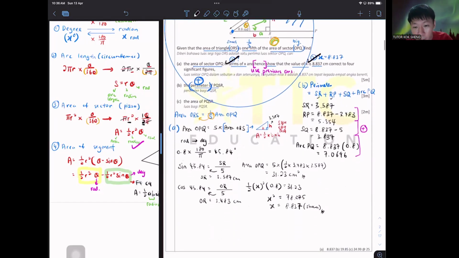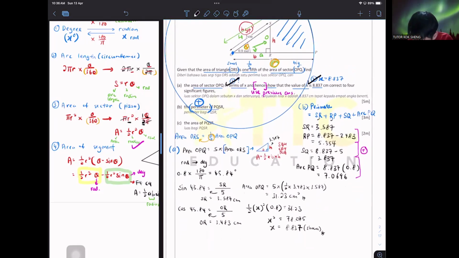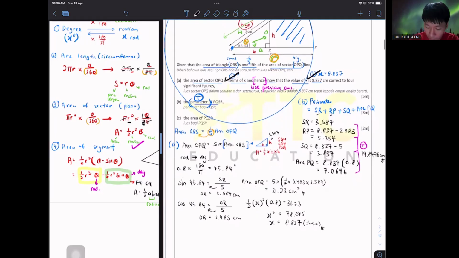Is it 19? Correct. 8476. Oh, 3 marks. This one is worth it. Last one only 2 marks. Okay lah, better than nothing.